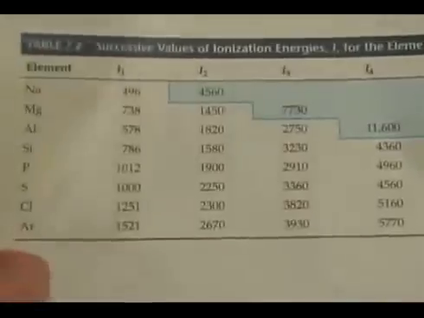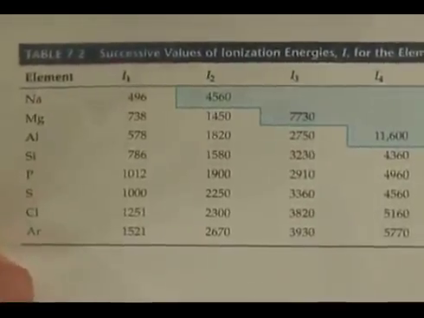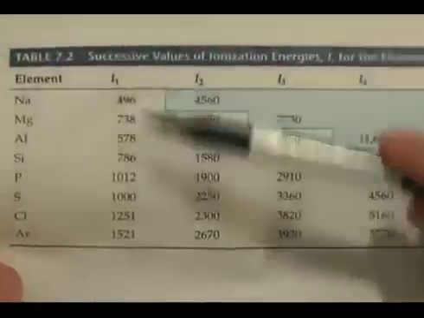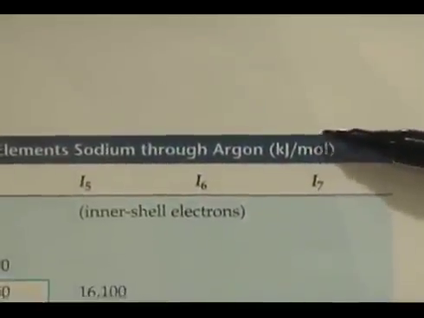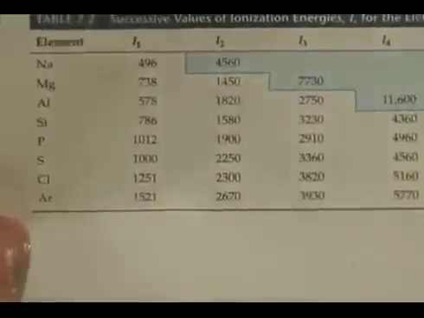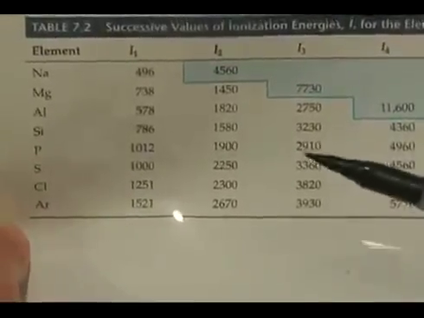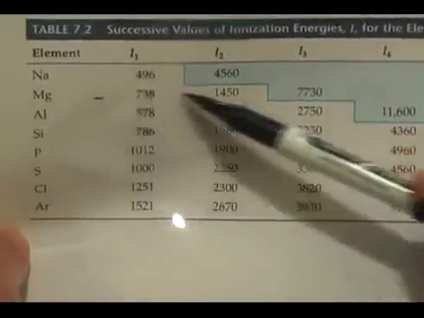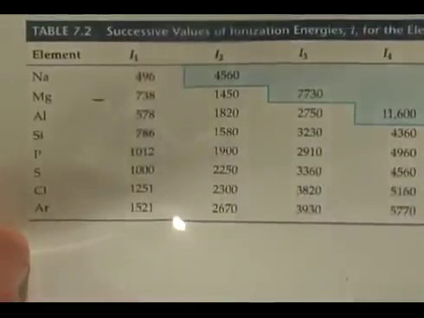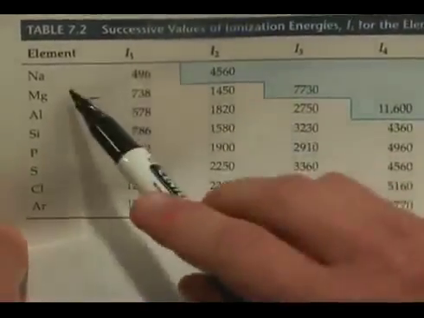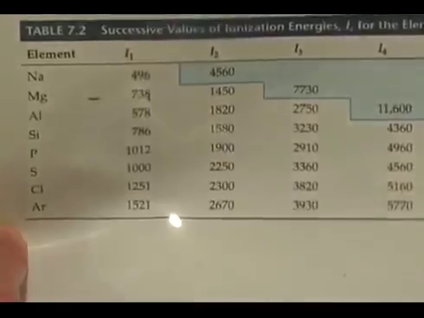In a single atom. And you can see here Table 7.2 in your textbook shows the amount of energy in kilojoules per mole for a whole bunch of elements in period 3: sodium, magnesium, aluminum. Notice how once it gets to the noble gas configuration, magnesium loses 2 electrons.